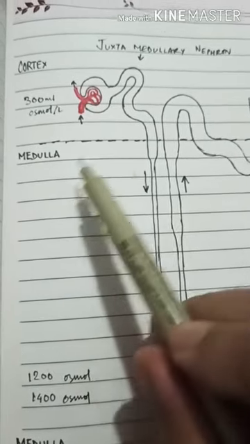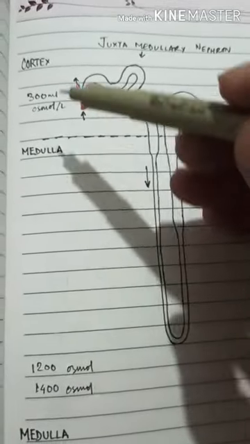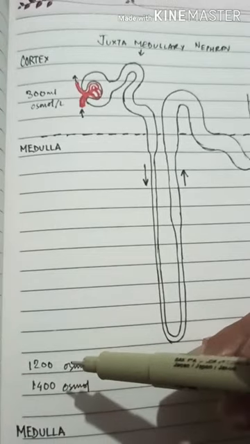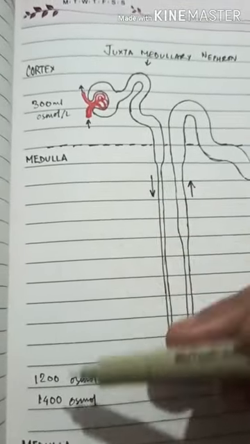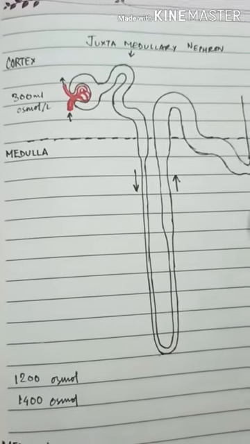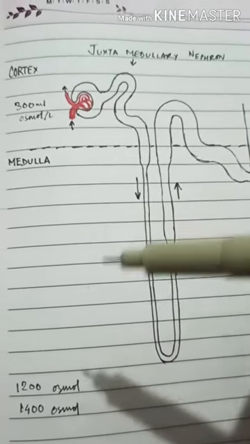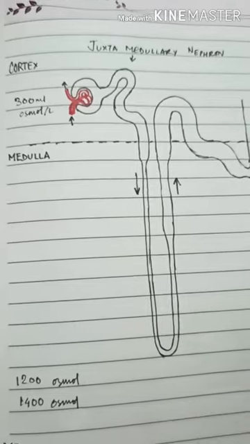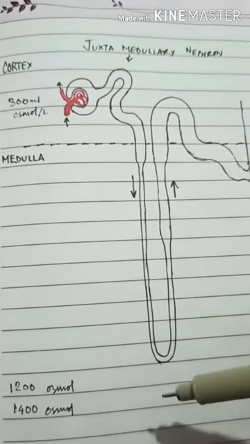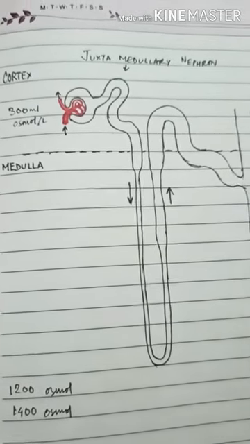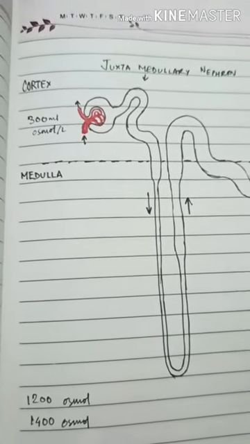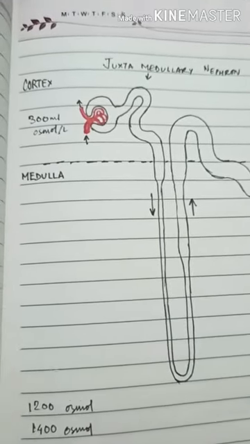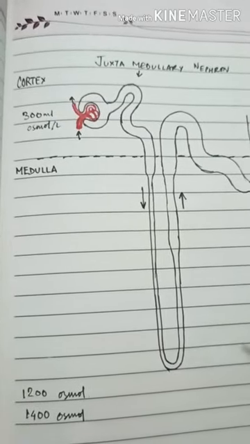Now what about this area? I'm talking about the cortex and the medulla, and the osmolarity of this particular place. A while ago I said that osmolarity determines or explains the level which is in line with the concentration of that particular solution.